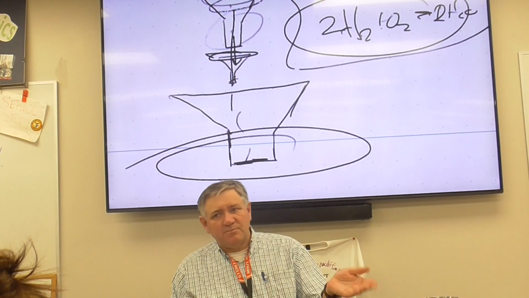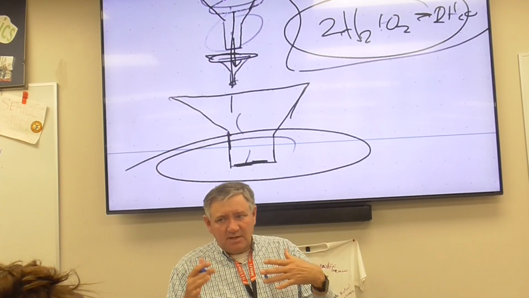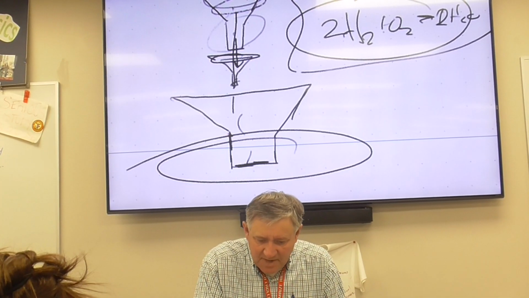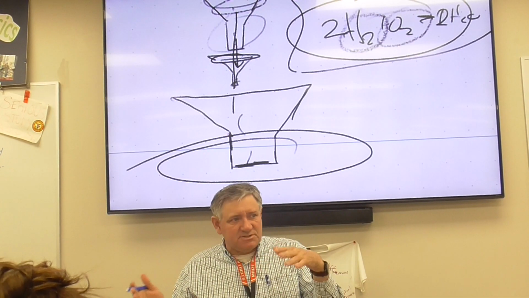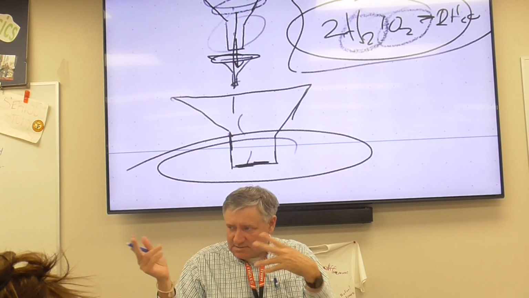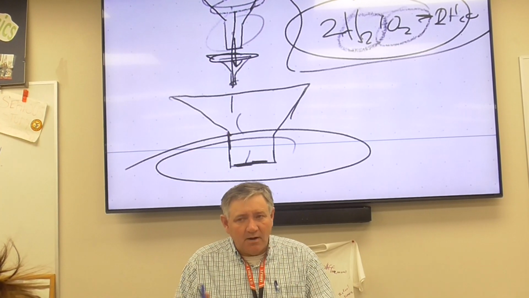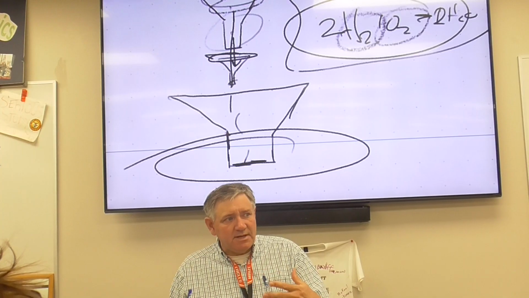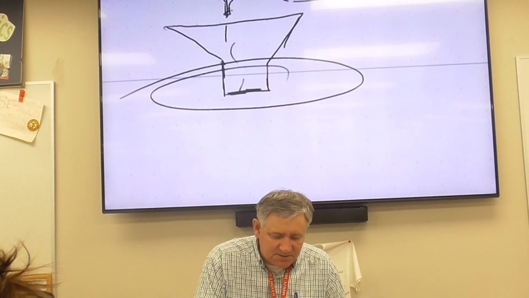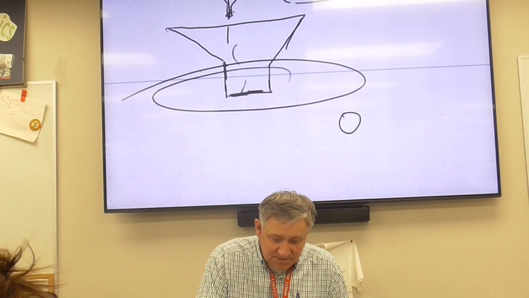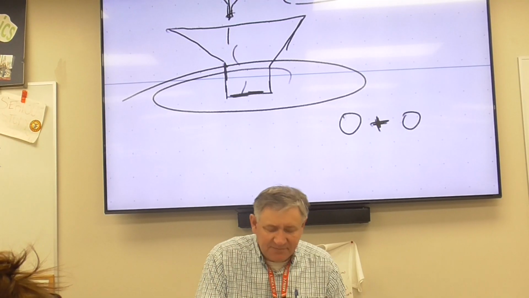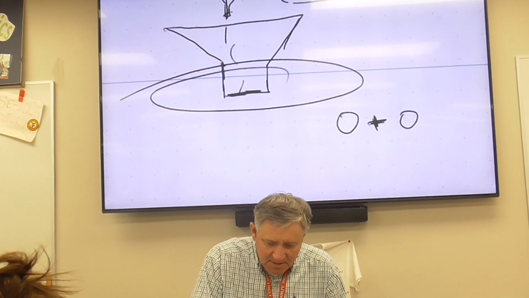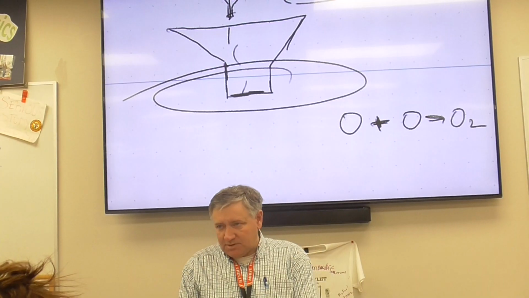Water, for example, would be an example of something that's bimolecular because you have to have hydrogen and oxygen that are combined. So you have two things that have to combine. Now, that can also happen if you want to make oxygen. You'd have to have two oxygen atoms combined to make O2.